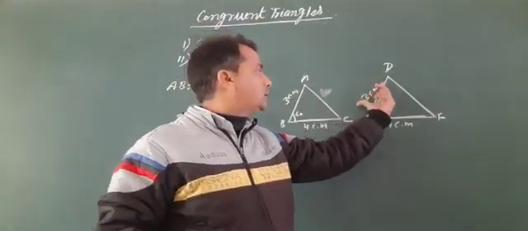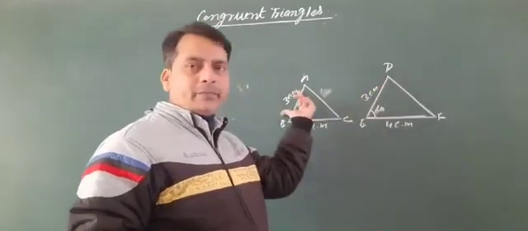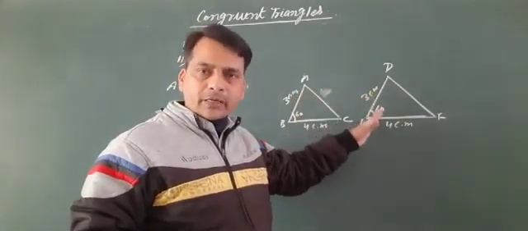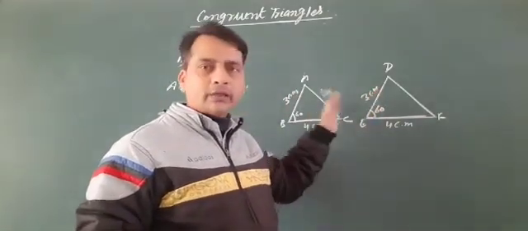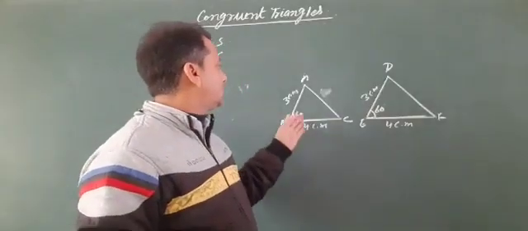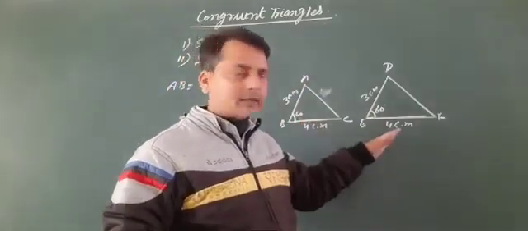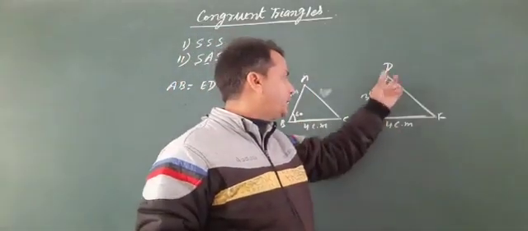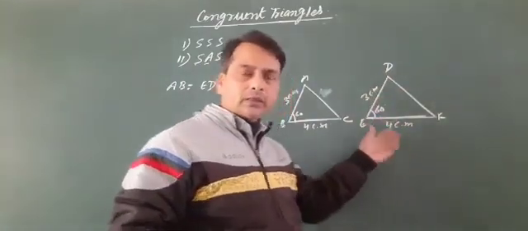So these sides DE and AB will be the same because the measures of the length of both sides are the same. Now here is the angle ABC and the corresponding angle in DEF is also 60 degree.